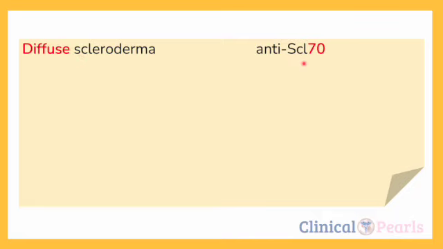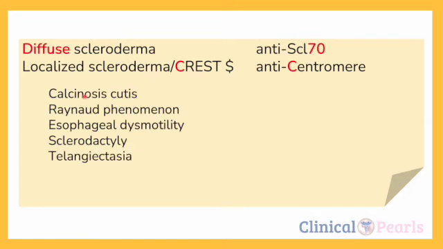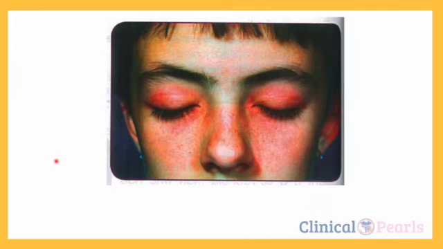As compared for localized scleroderma, or CREST syndrome, which starts with C, it tests positive for anti-centromere. Also, there's letter C. So diffuse, 70, CREST, centromere. CREST stands for calcinosis cutis, Raynaud phenomenon, esophageal dysmotility, sclerodactyly, and telangiectasia.